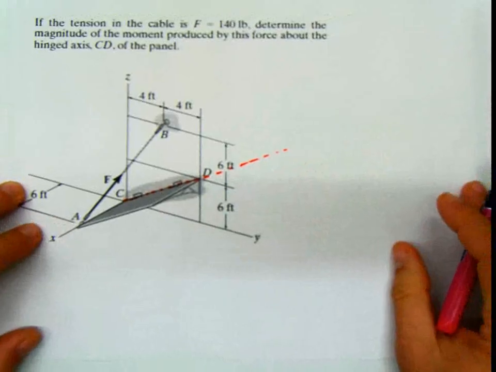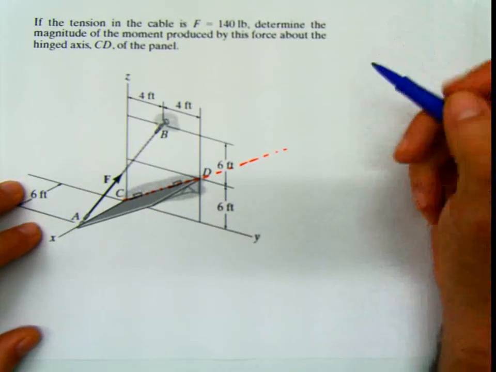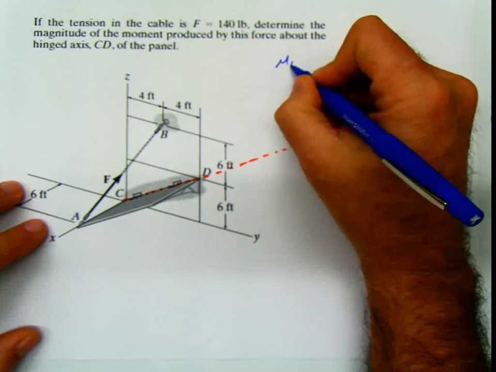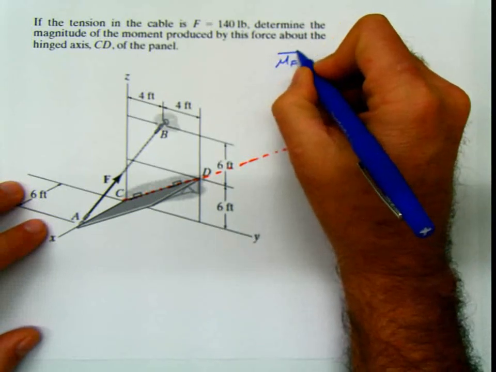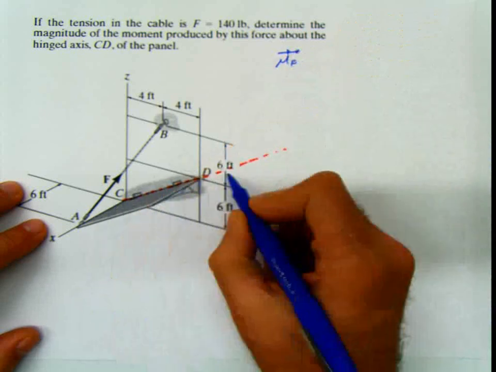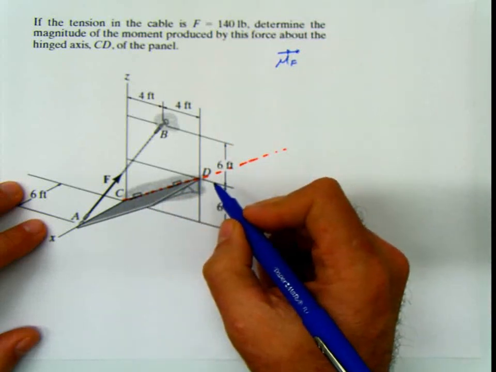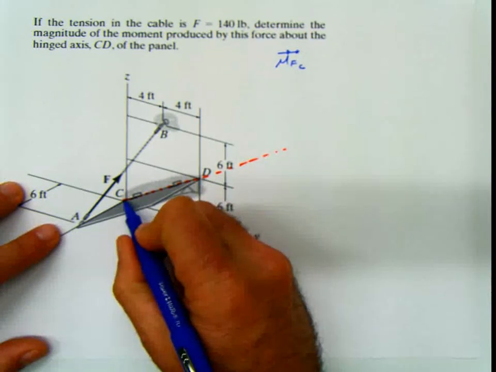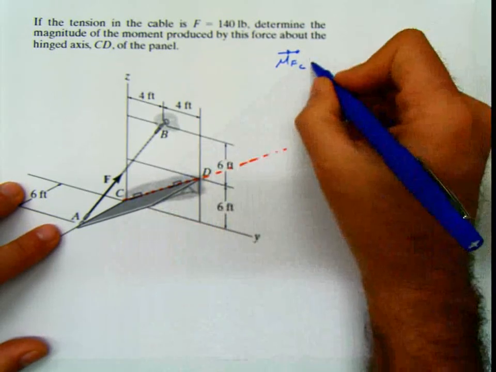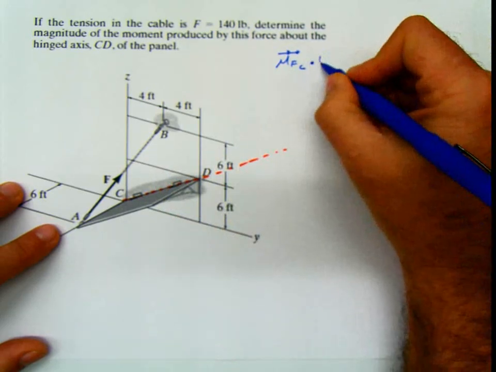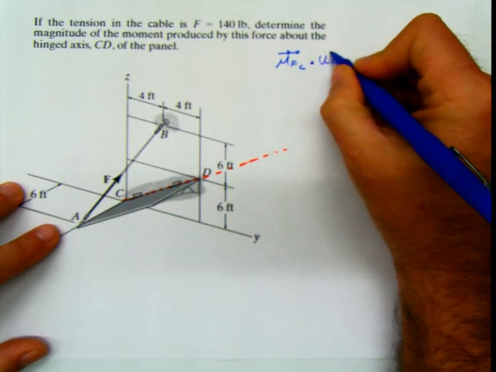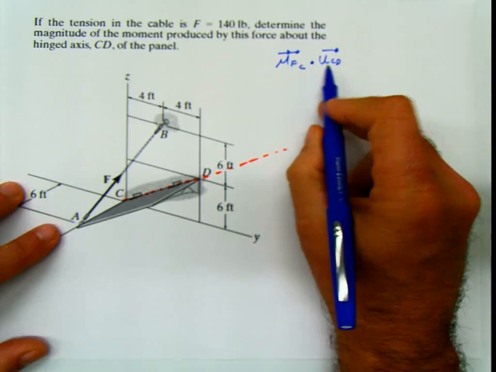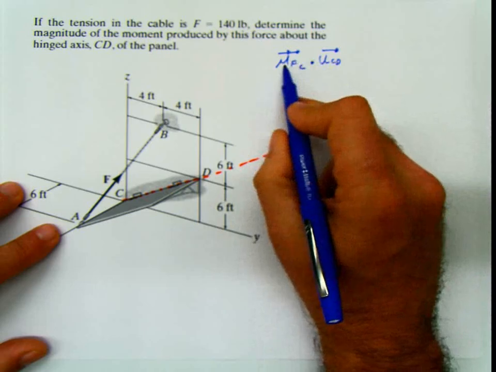How do we do that? Well, once again, there are several ways of doing it. We can calculate the moment of the force F with respect to any point that lies in that line of action. I'm going to calculate the moment of the force F with respect to the point C. And after that, you do the dot multiplication of the unit vector of the axis that you want to calculate the moment component.